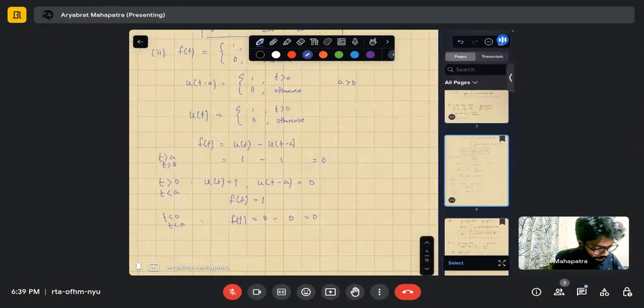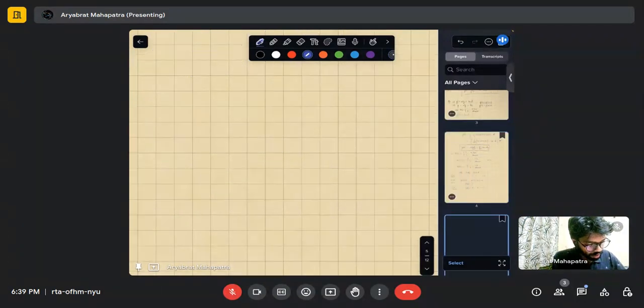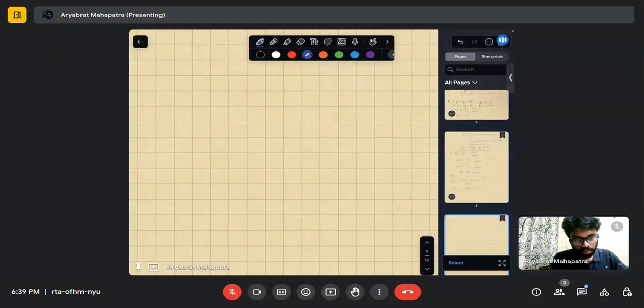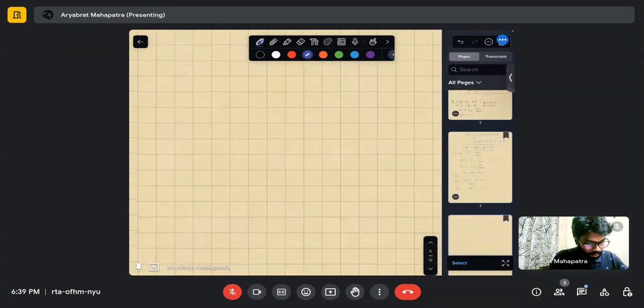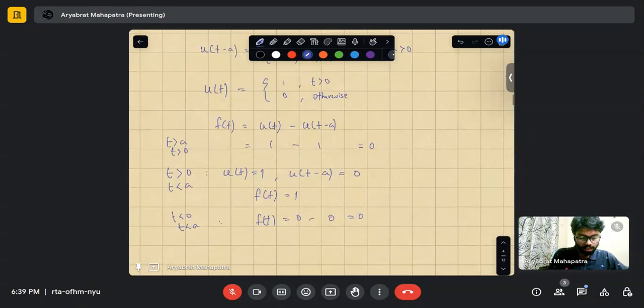And I was writing it in terms of the unit step function because, as you will remember from last time, I showed you that using the unit step function there is a very specific form of the Laplace transform. You can use that property directly in this problem to get your answer quite easily.